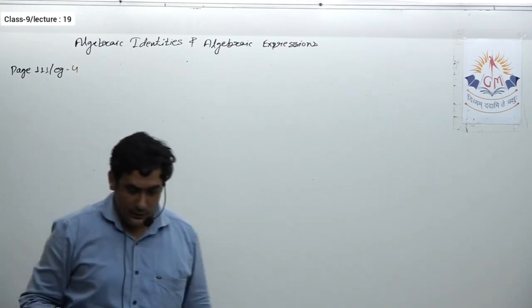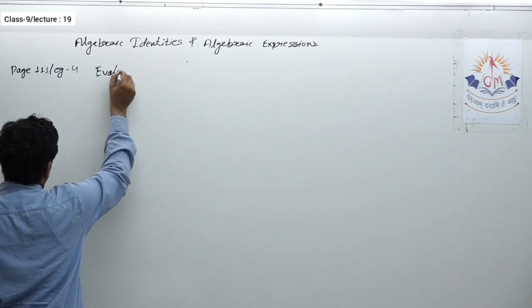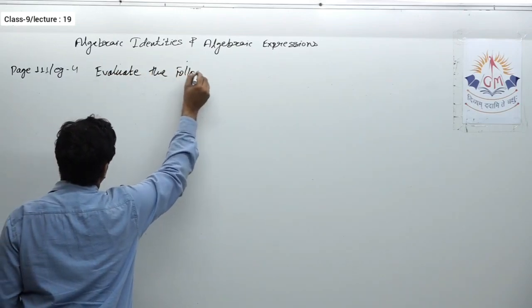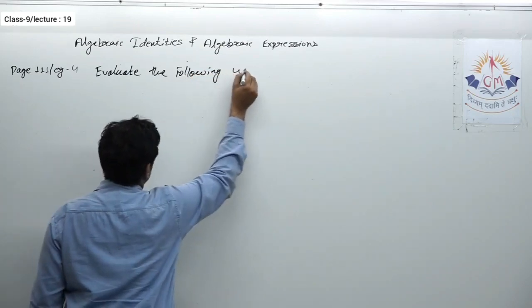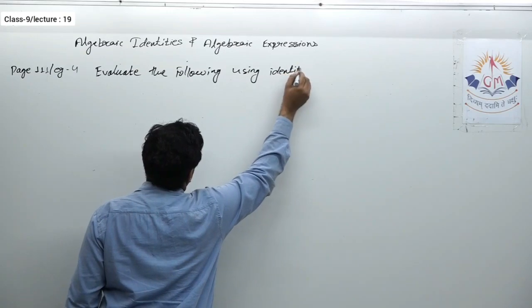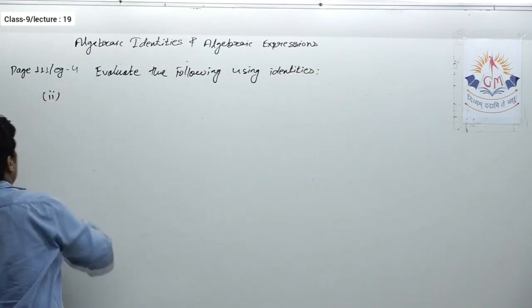Question is, evaluate the following using identities. Now in this we'll start from the second one.